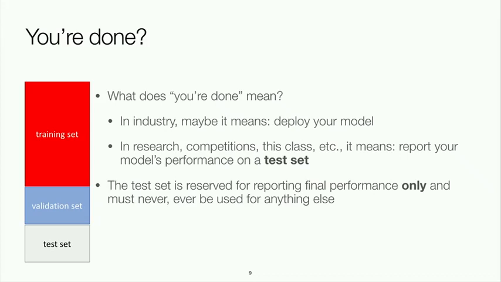I finally have a model, some theta, that I've deployed, and I want to know how well it is going to do on new data it hasn't seen before. I do that by measuring performance on a randomly sampled set of data that had nothing to do whatsoever with any part of the training process, which includes both training and validation.